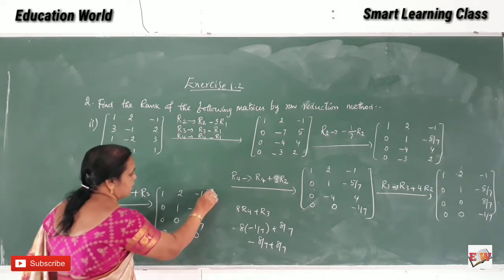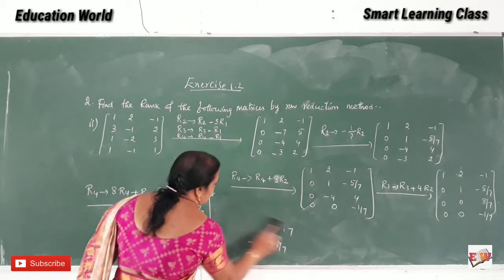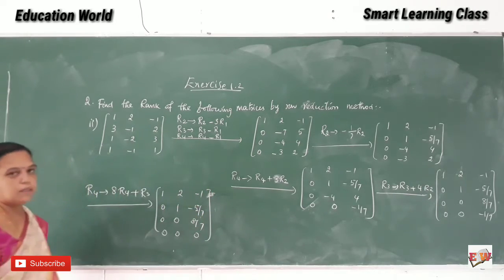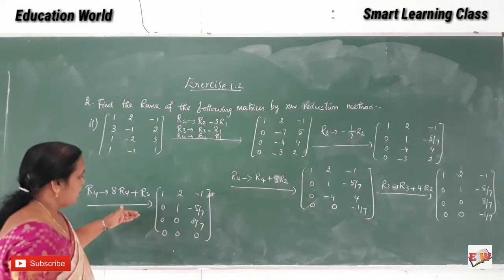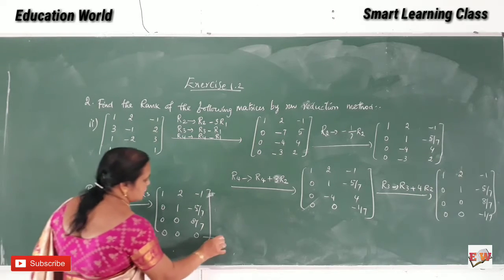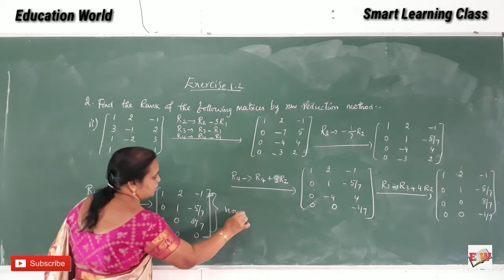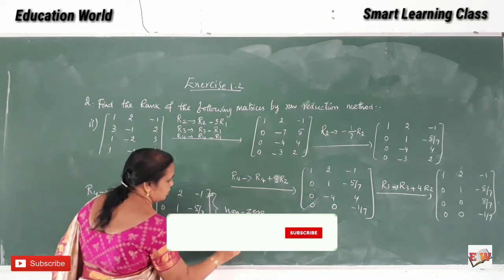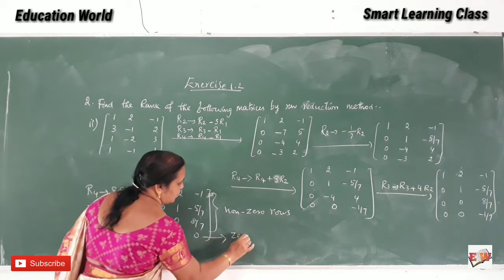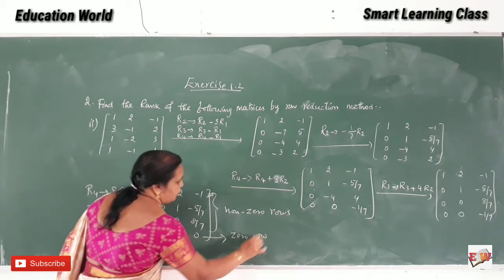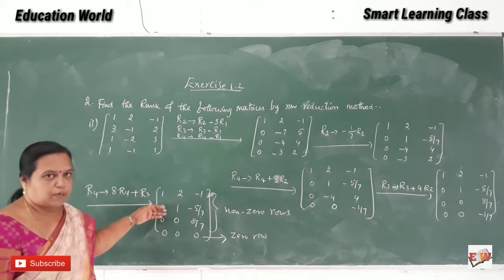You have to do the calculations carefully, otherwise easily that element will disappear. So this row is 0 row. These 3 rows are non-zero rows. So we brought the given matrix into row echelon form.